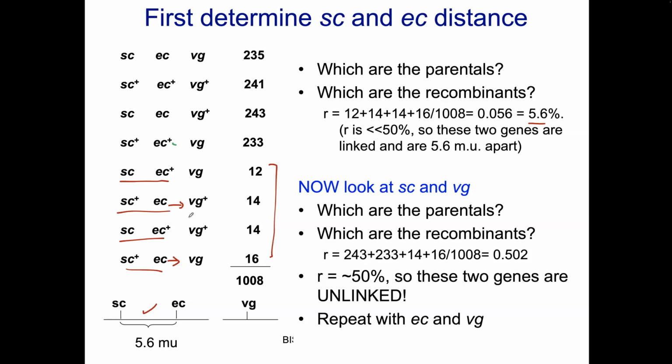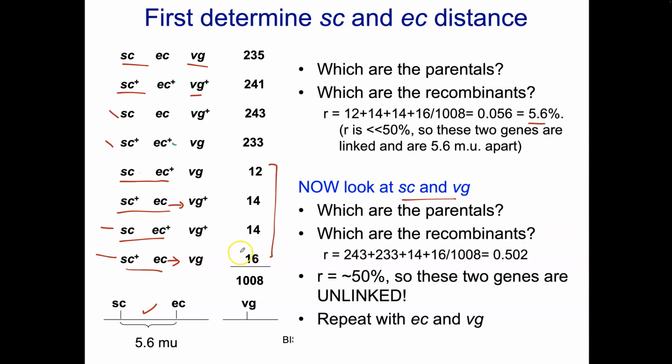But if you want to really convince yourself, you can take a look at scute and vestigial. So that's a parental, that's a parental, that's a crossover, that's a crossover. This one is parental, parental, and that's a crossover, and that's a crossover.